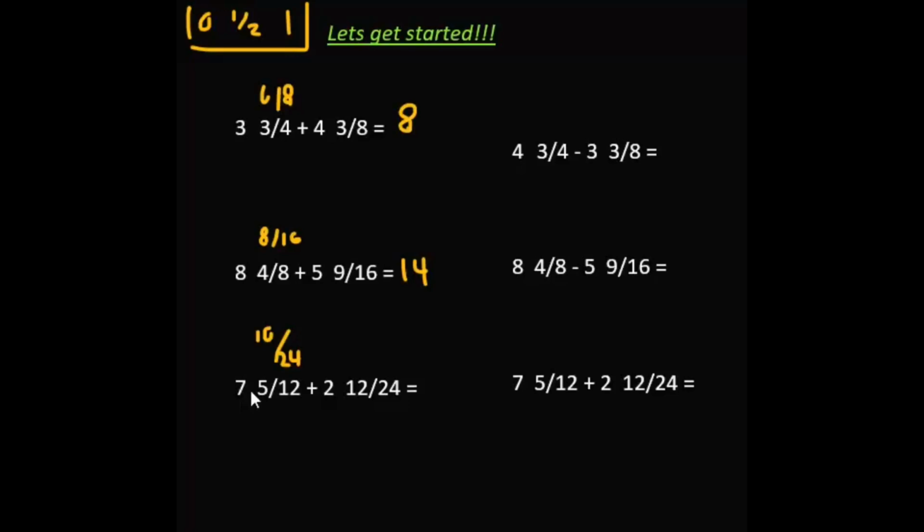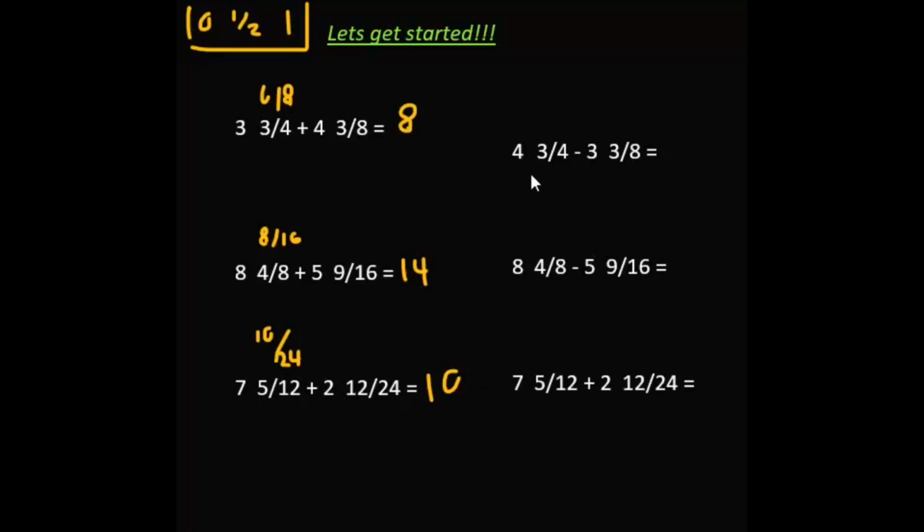So this is rounded to 7 and 1/2, and then we have to round 2 and 12/24 now. We know that 12 is exactly half of 24, so this is rounded to 2 and 1/2. So now we can add 1/2 plus 1/2 equals 1, and then 7 plus 2 equals 9. 9 plus 1 equals 10. So this equation equals about 10.